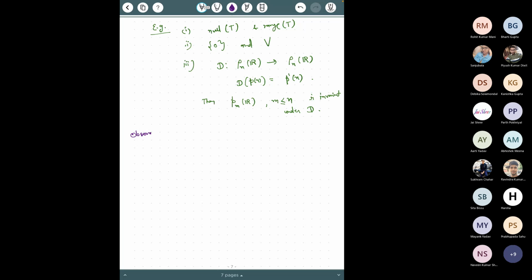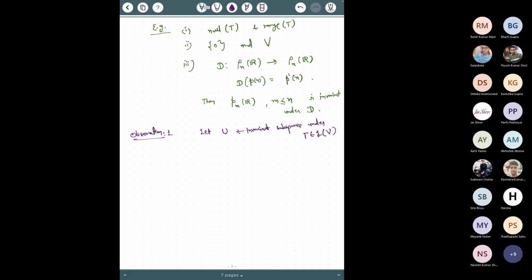Suppose that we have an invariant subspace. Suppose V is a vector space of finite dimension, and U is a subspace which is invariant under the linear transformation T, or linear operator T.